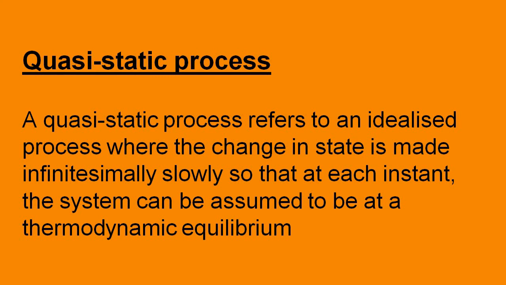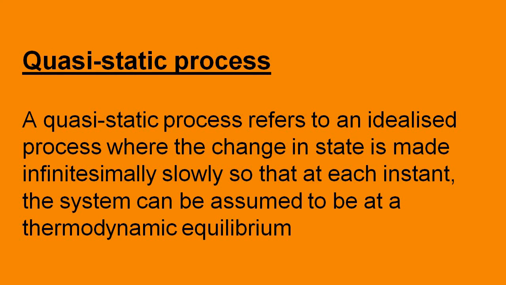So, a quasi-static process refers to an idealized process where the change in state is made infinitesimally slowly so that at each instant the system can be assumed to be at thermodynamic equilibrium. When there are slight variations from the equilibrium conditions, you can say that your system is not at thermodynamic equilibrium.